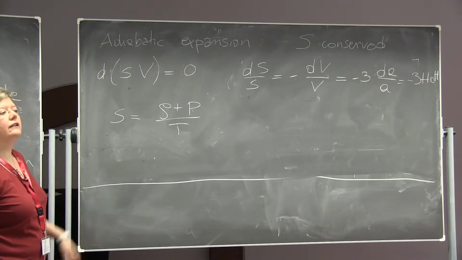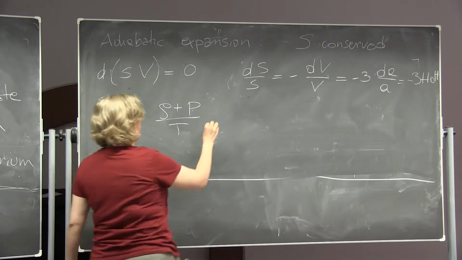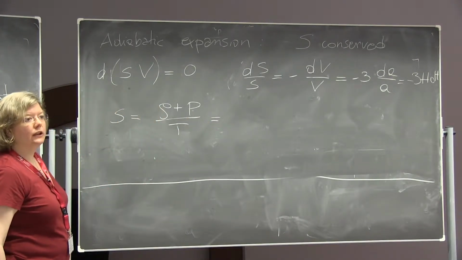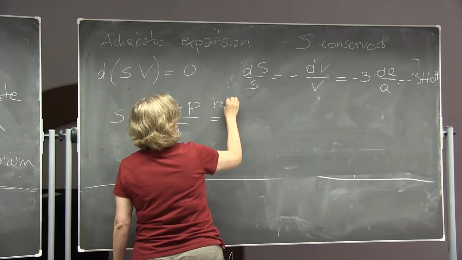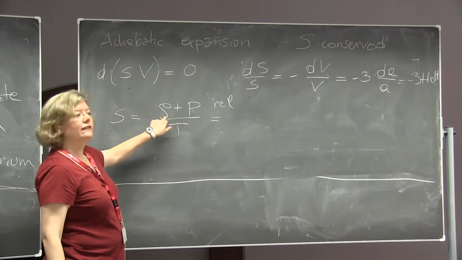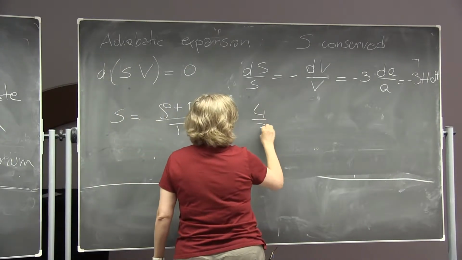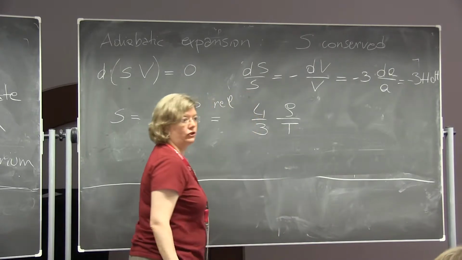It is quite useful because once we have a particular pressure, and here we look in particular at the relativistic case, it will be clear later why, we know that for relativistic particles the pressure is 1/3 of the density, so we have a direct relation: s is 4/3 the density divided by the temperature.